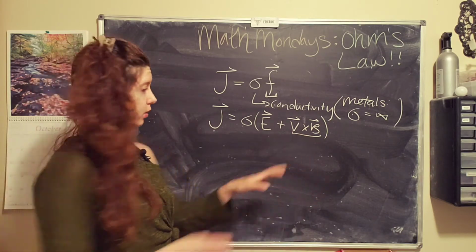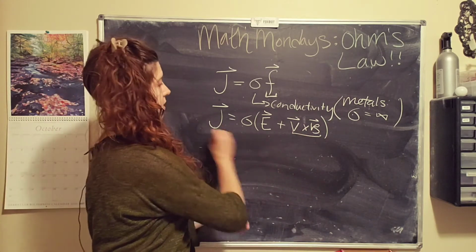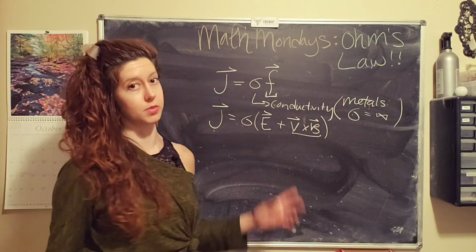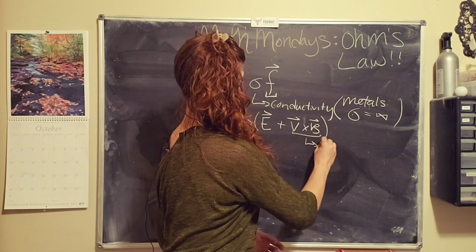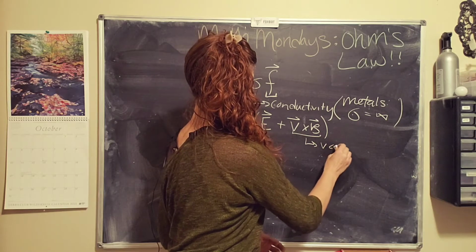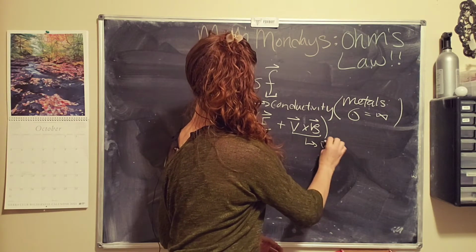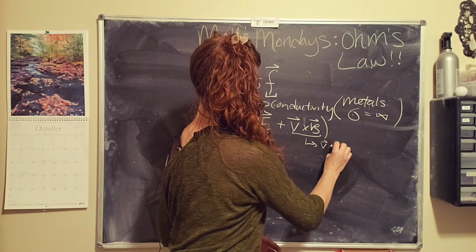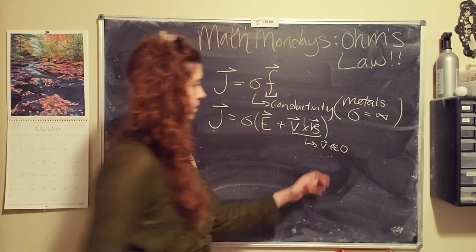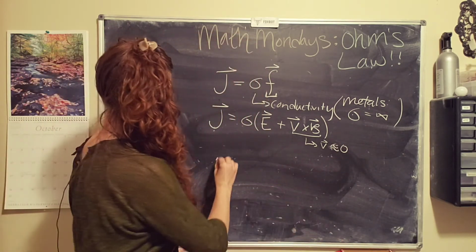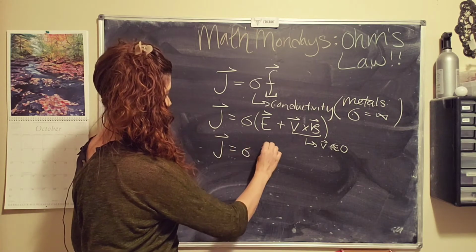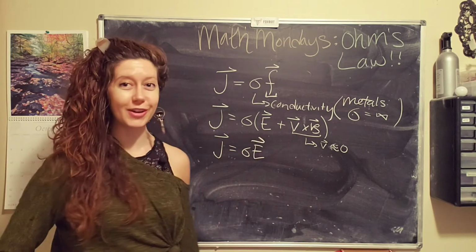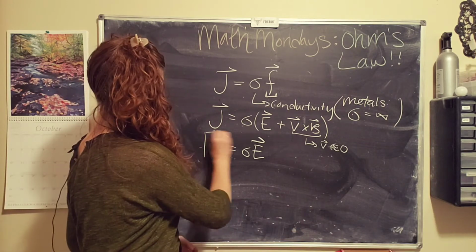So this is the full form of Ohm's law, but in general, you can ignore this because the velocity is often very, very small. V, we can assume that it's close to zero. And so we can get that the current density is just proportional to the electric field. This is Ohm's law.